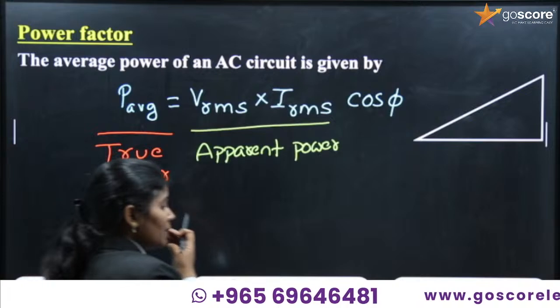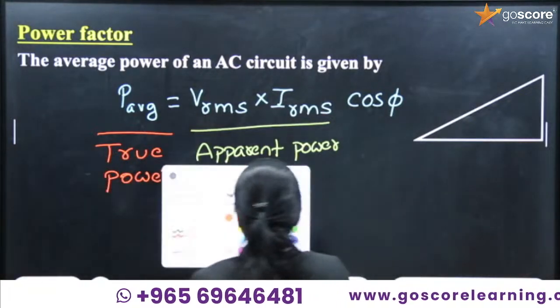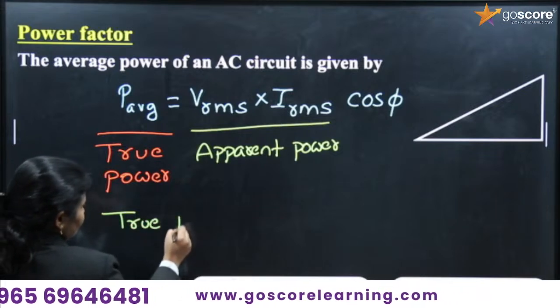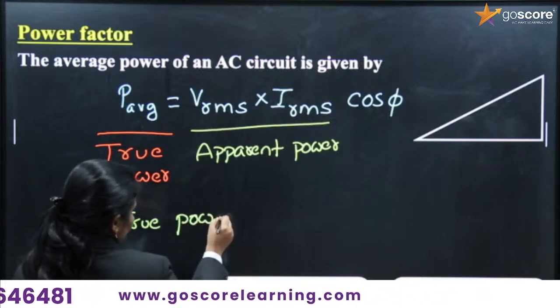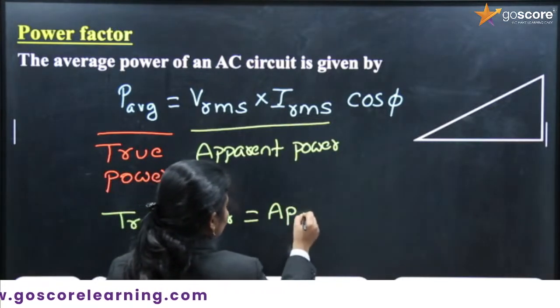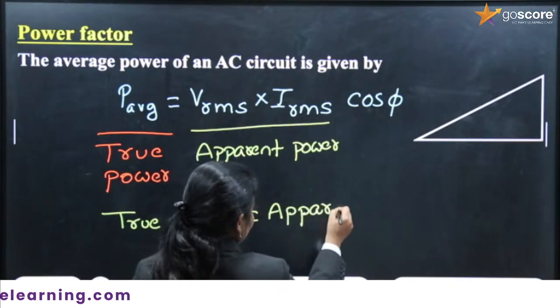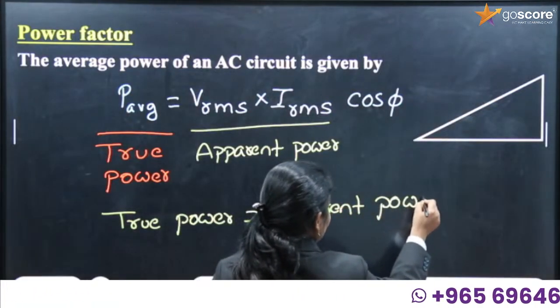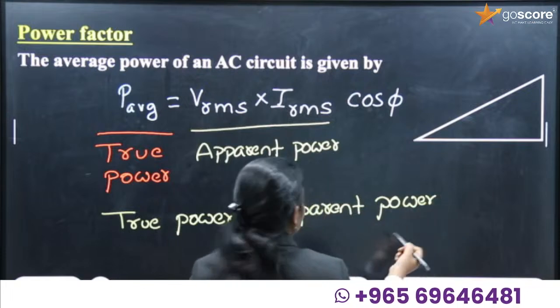Then what is the formula? True power is equal to apparent power into cos phi.